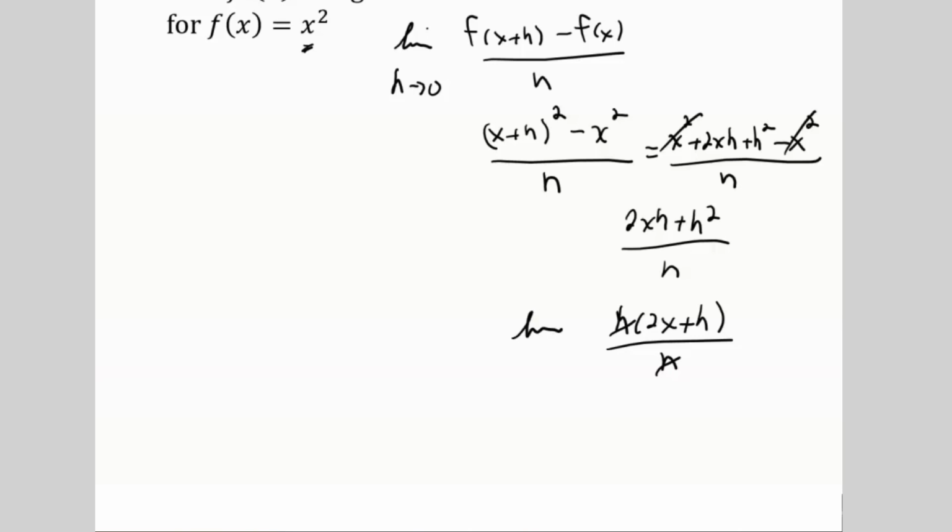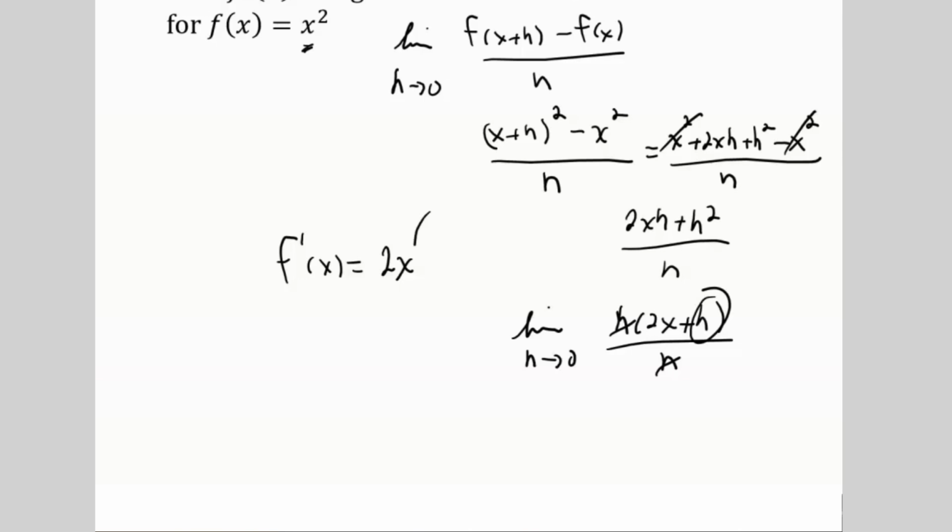Now I want to apply the limit process, the limit as h approaches 0. By direct substitution, we just plug in 0 for h, and we get 2x. So what that means is that the derivative of f of x equals x squared is f prime of x, which equals, in this case, 2x.